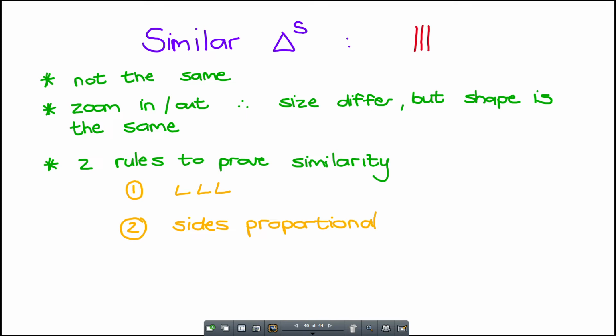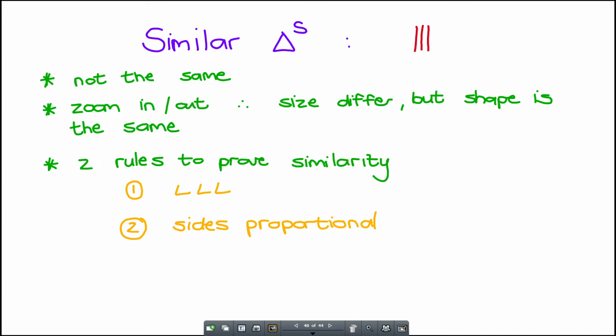It's almost like looking at a picture and then you zoom in or zoom out. So the size will be different for these two triangles, that's not the same, but the shape will be the same.